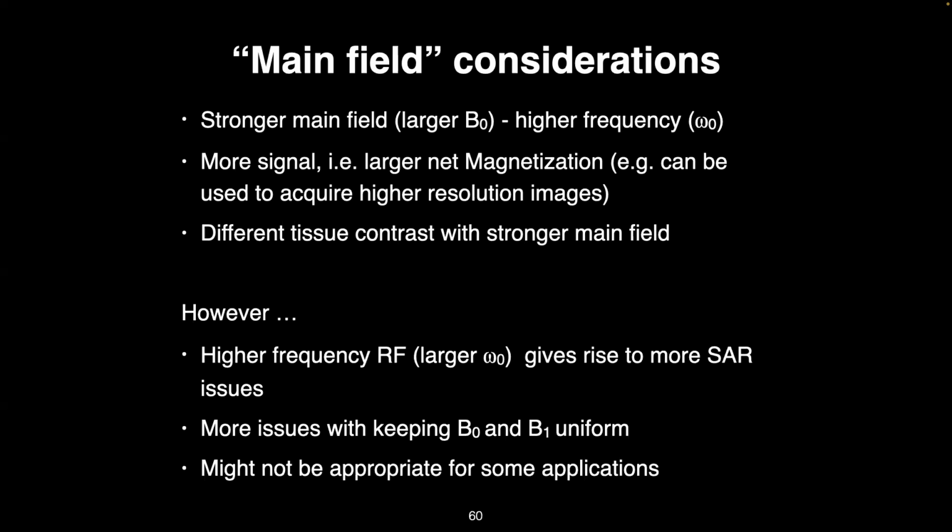However, stronger magnets might not be suitable for all applications. If you have a patient population where there are common implanted devices, we don't have as broad device clearance for 7T yet as we do for 3T. And as these fields get higher, there are more SAR issues, and also issues with keeping the fields as uniform or controlled as you need them to be for good imaging to happen.